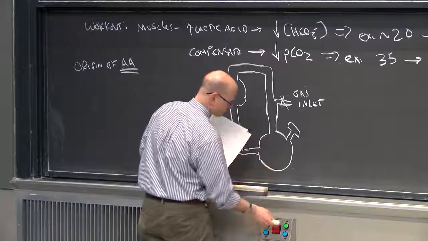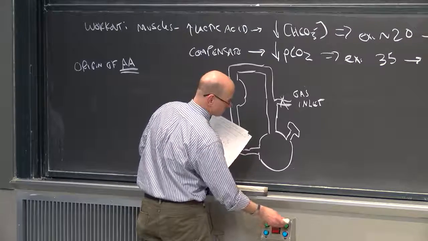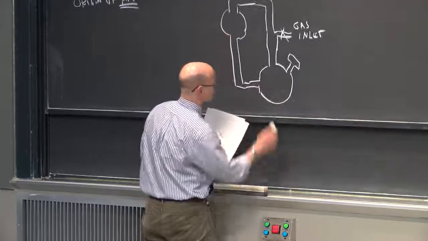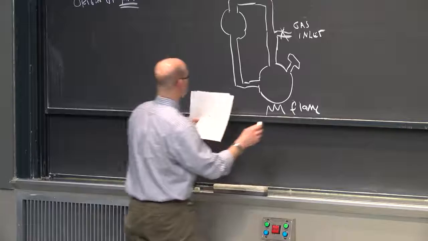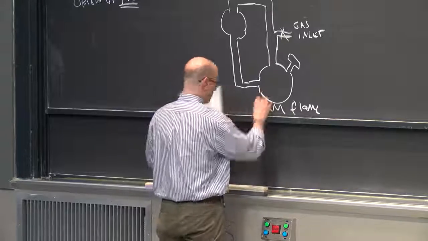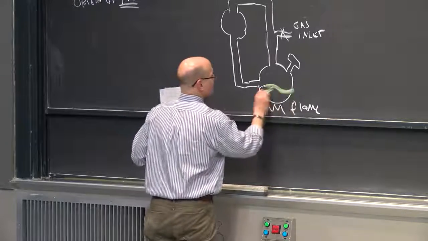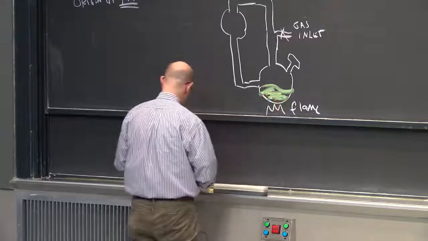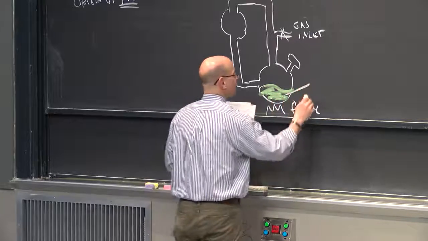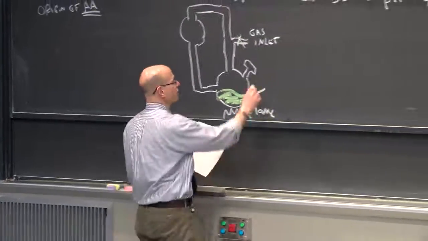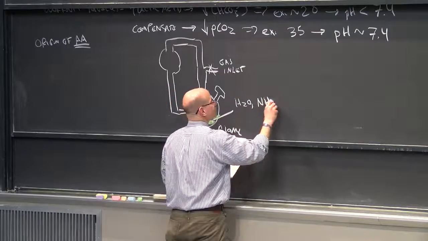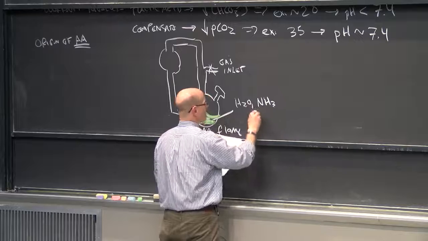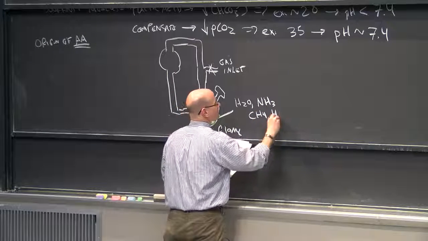Okay. Flame underneath it. Okay. And it had two things in it. This had a solution in it that was composed of the kind of stuff you might expect to find on the primitive Earth. It had H2O in it, it had ammonia in it, it had methane in it, and it had hydrogen gas.